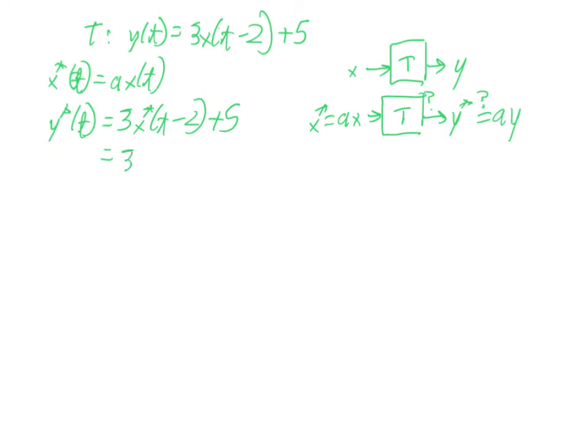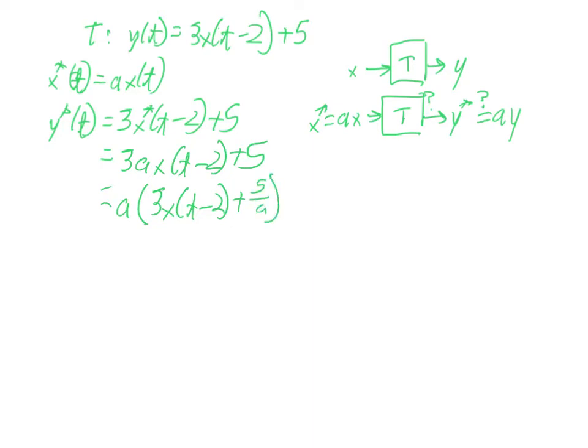So I have 3ax, and it's delayed by 2, plus 5. And now I try the trick that I tried before, which is I try factoring out a of the whole expression, and I get 3x of t minus 2 plus, I want 5, but I have to factor out an a, so I can't quite get what I want there.